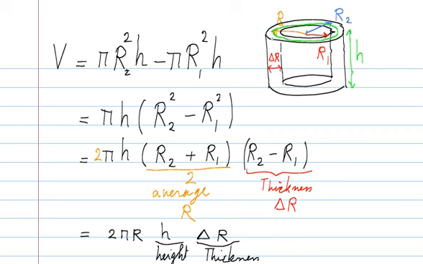So that is really the circumference of this middle circle. So I'm just going to refer to it as the circumference. In the long run, it's not going to matter all that much if it's the circumference of the outer or inner or the middle circle. Let's just refer to this as the circumference.